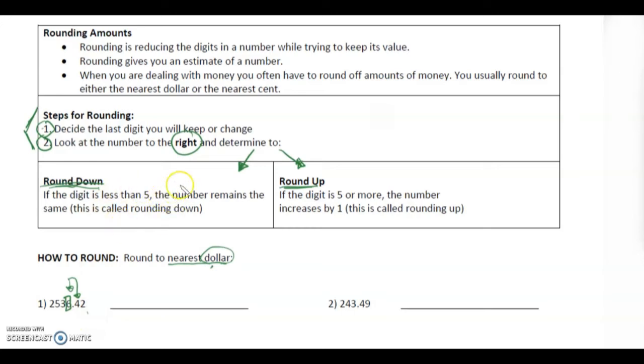Is it less than 5 or 5 or greater? So 4 is less than 5. So we're actually going to round down. So we're going to keep this dollar amount 2536, and then we can go decimal 00, okay? Because we wanted to round here. Because the 4 is less than 5, we just keep that digit, which is 6.